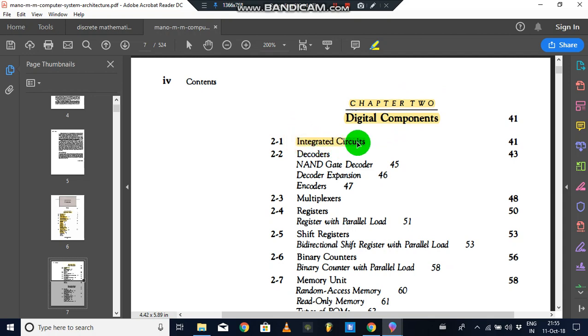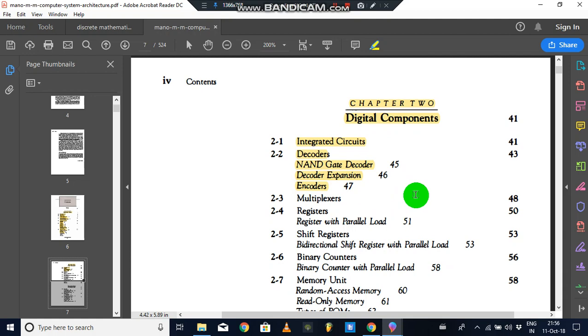The integrated circuit, we already know IC. And second, decoder, NAND gate decoder, decoder expansion, and encoder. What is a decoder and encoder? Suppose we want to convert 8 inputs into one output.